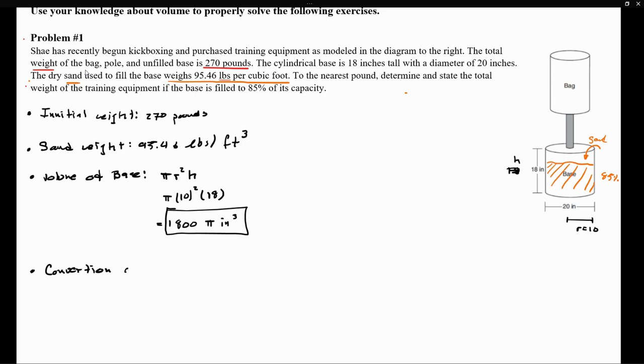I'm going to call this conversion of units. I'm going to take the volume of my base, which we already know is in inches cubed. I have it in inches, so let me convert it into feet so the units match up with the sand. Well, I know that in 1 foot, there are exactly 12 inches.